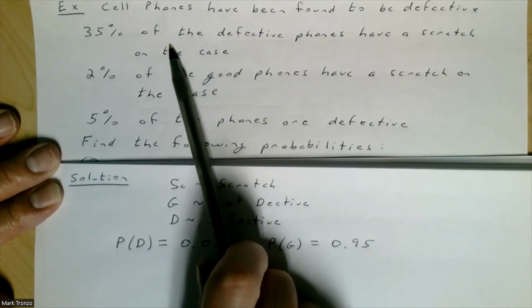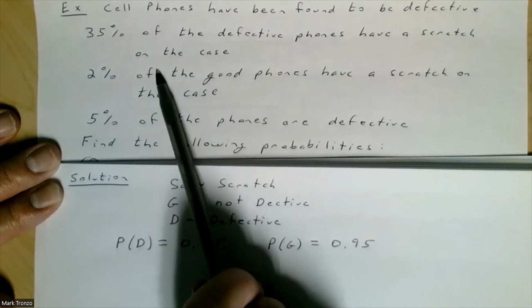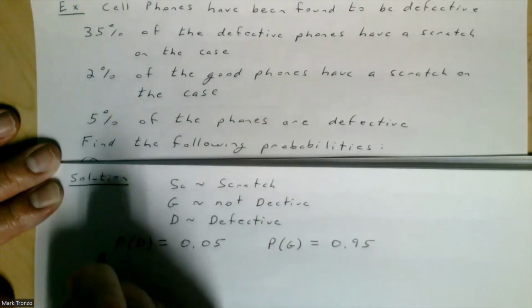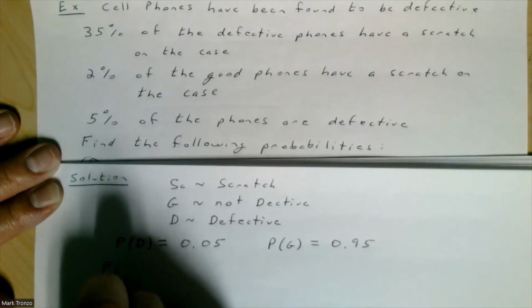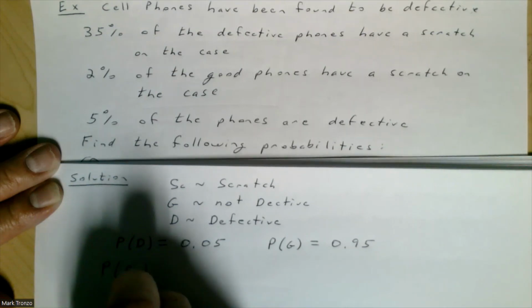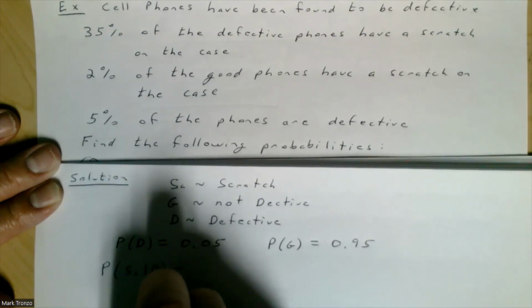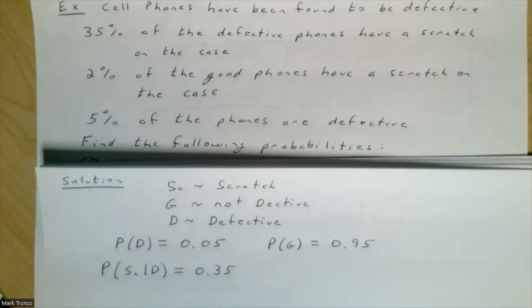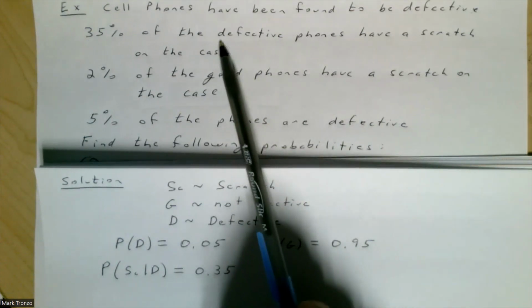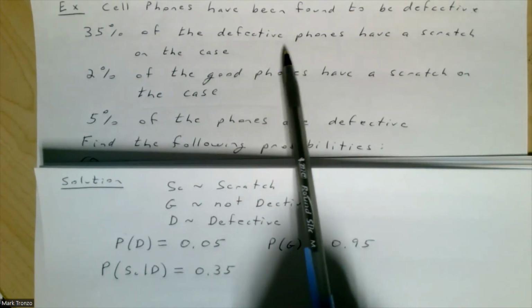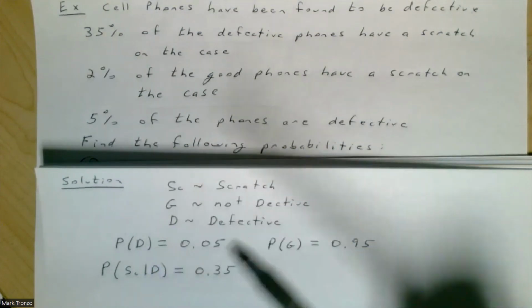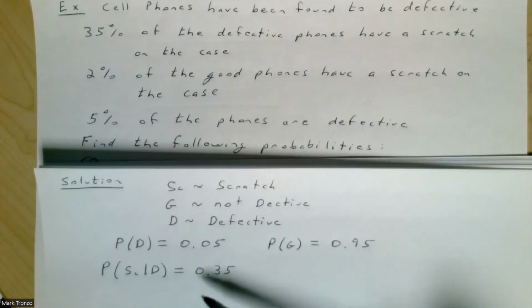The probability that they have a scratch, given that they're defective, is going to be 0.35. In other words, we're looking at the group of defective phones, and of that group, 35% have a scratch. So given it's defective, the probability is 0.35 that it has a scratch.